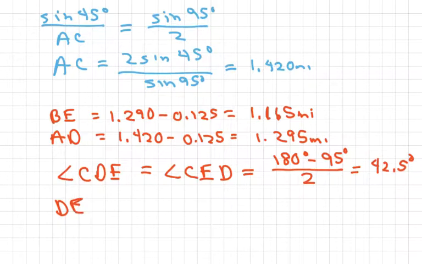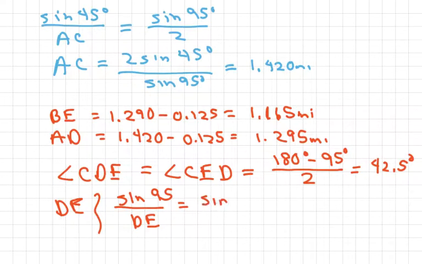So now we can find DE. We're going to do sine of 95 degrees over DE equals sine of 42.5 over 0.125. We're setting up similar things here. We have to find the length of DE.